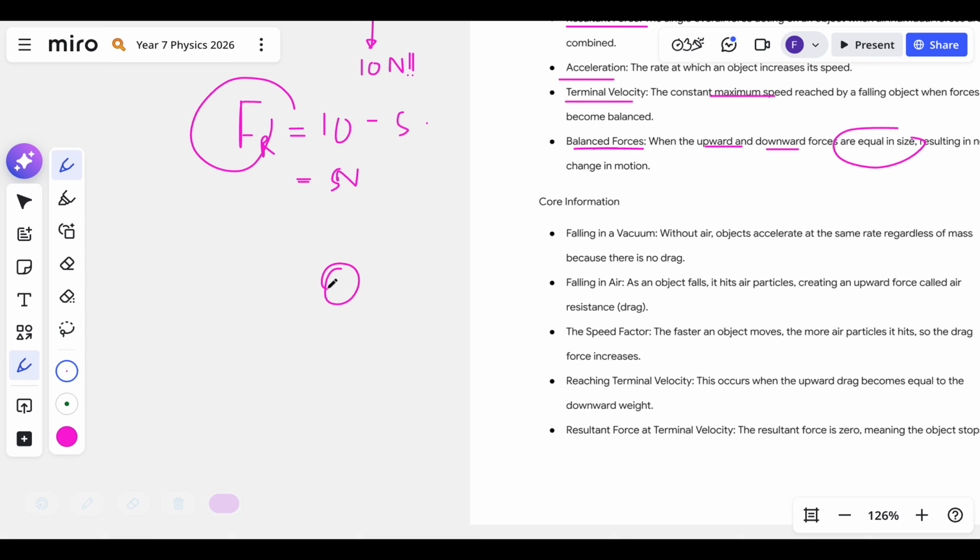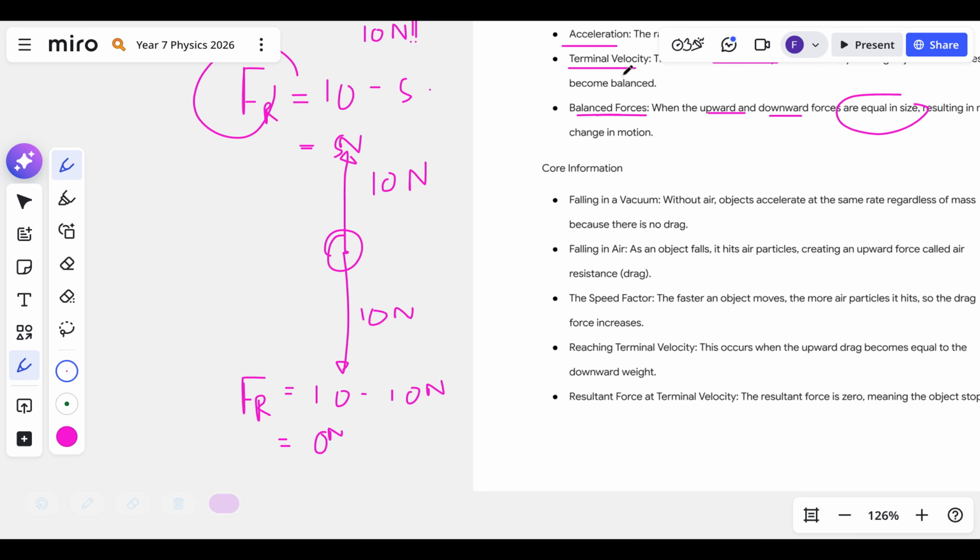So if I draw balanced forces when it comes to terminal velocity, if this is 10 newtons and upwards air resistance is 10 newtons, my forces cancel out. My resultant force is 10 minus 10. It's 0. So when your resultant force is 0 newtons, this is what we call balanced forces. Your object isn't getting faster, it isn't getting slower.